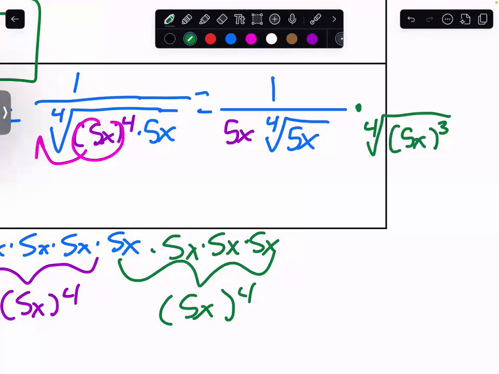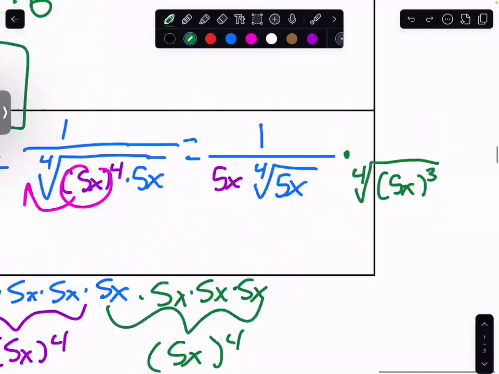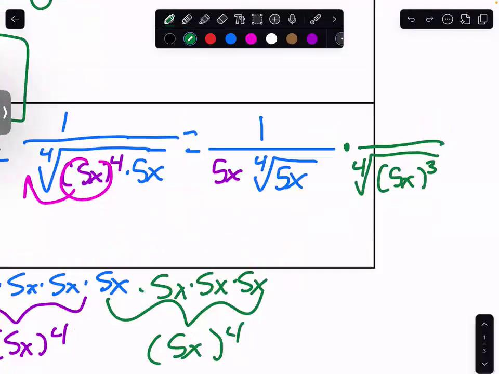Okay, so again, the fourth root of (5x) cubed, because that's how many you need to form a group of 5x to the 4th, right? You just have 1 currently, so with 3 more, you could get 4 total. Okay, so like always, if you multiply the denominator of a fraction, you need to multiply the numerator.